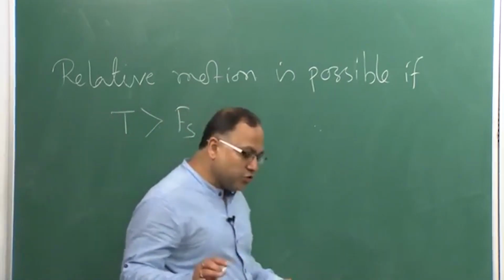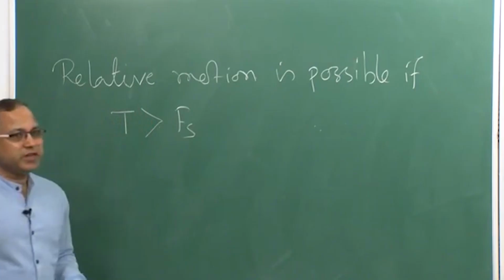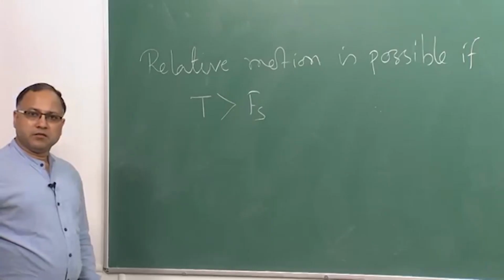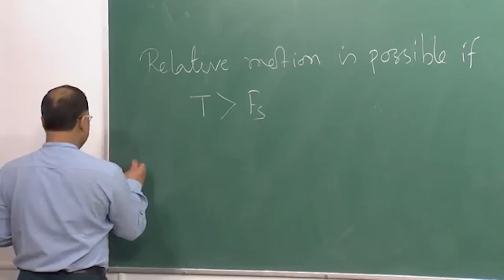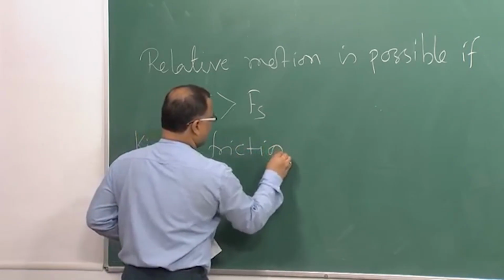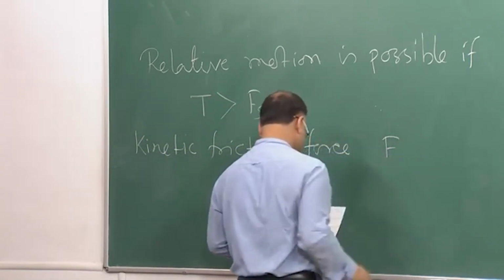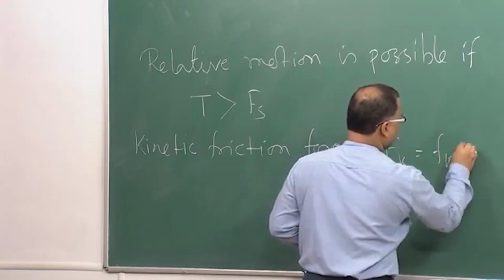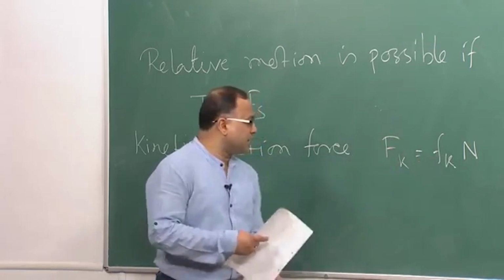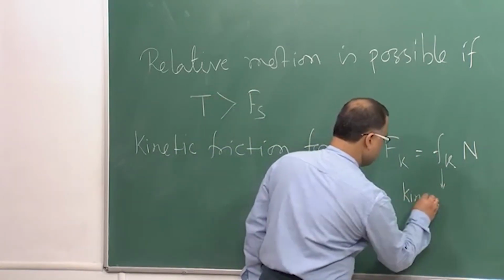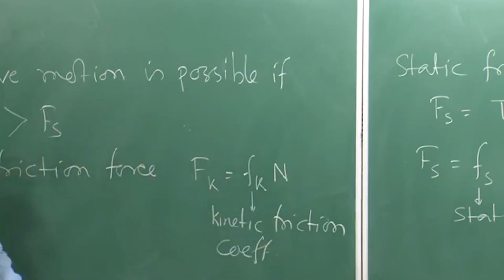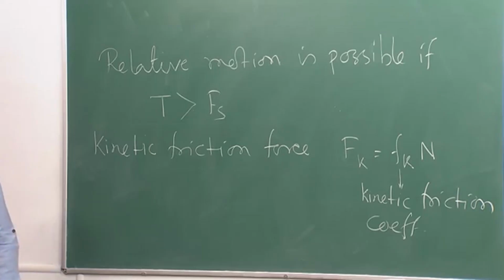As long as T is equal to Fs, there is no relative motion, but once T crosses this limit, you will get relative motion, and at that time body A will be sliding over surface B, and that is defined by your kinetic friction force, Fk equal to mu k N. This mu k is your kinetic friction coefficient, or kinetic coefficient of friction.